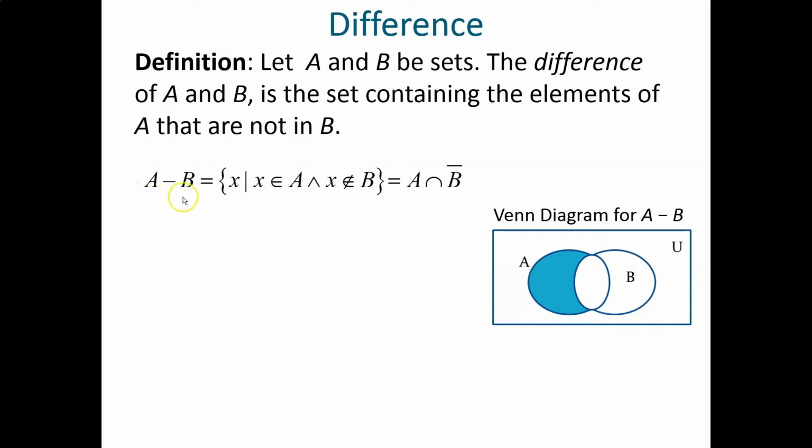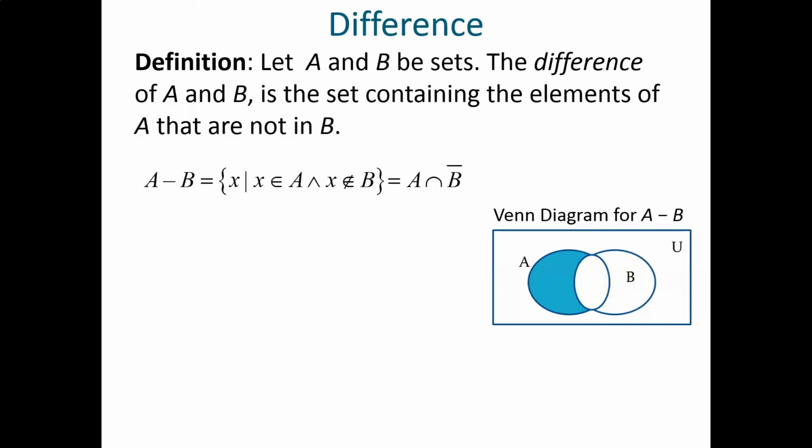Here I am looking at A minus B. So x is in A, but x is not in B. So whenever you do a subtraction like this, it's saying everything that is in A that is not in set B. Basically what I'm doing is, if set A contains any elements that are in set B, I am subtracting them out.